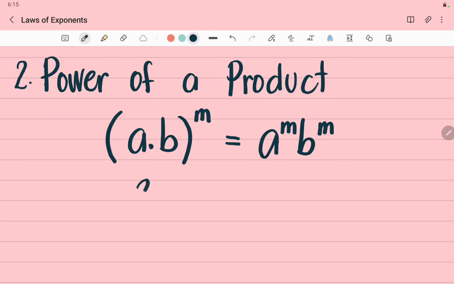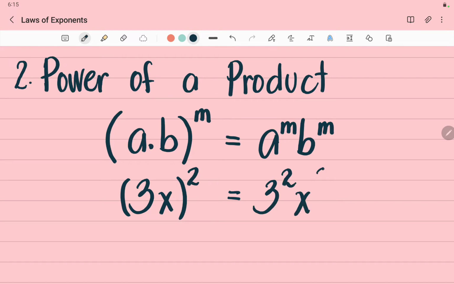Let's say we have 3x, in parentheses, squared. So we have now 3 squared times x squared. But remember, we can still express 3 squared as another final answer. So 3 squared is 9, and when it is a variable, just copy it like that.